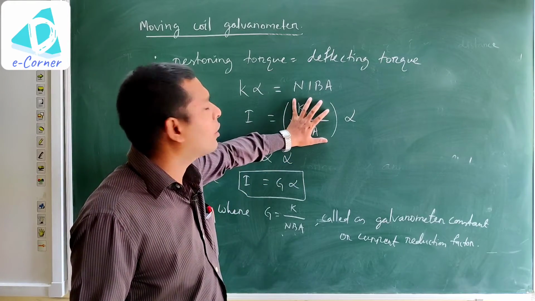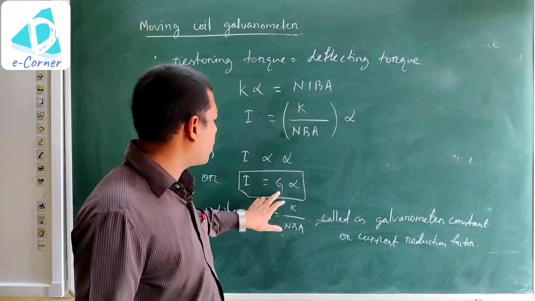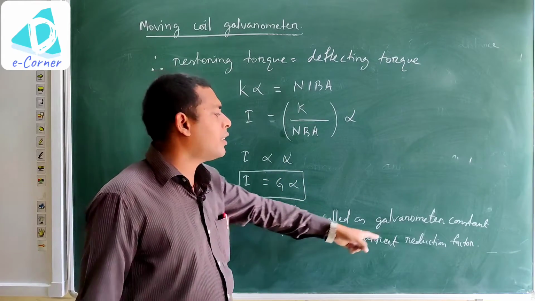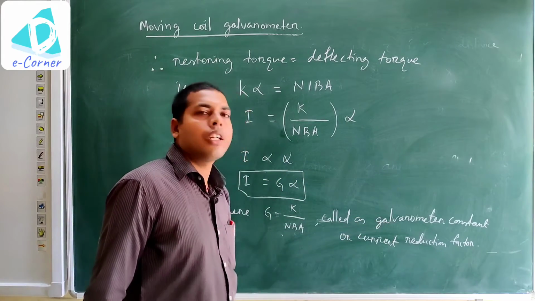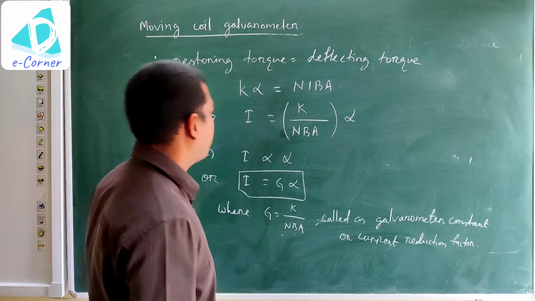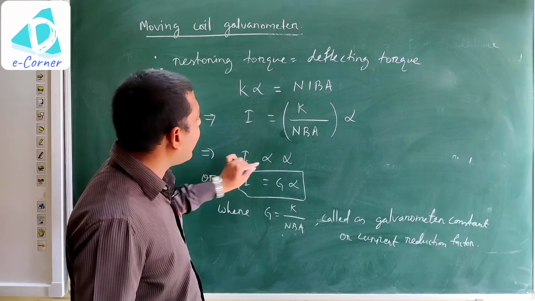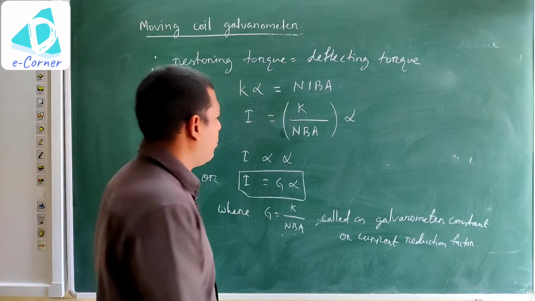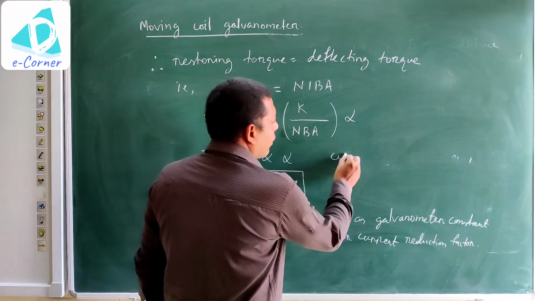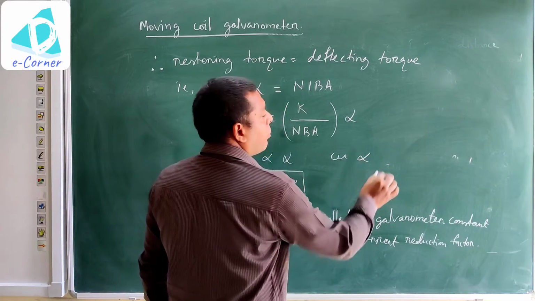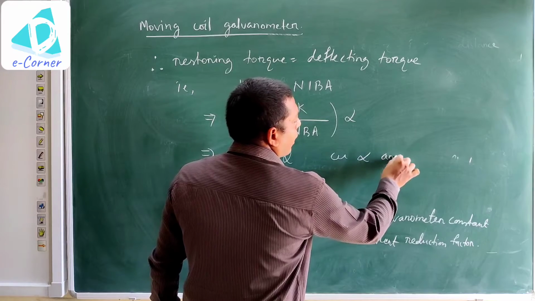So this can be considered as the constant, that is G, called as the galvanometer constant or current reduction factor. Okay, so here I is proportional to alpha, that means current is directly proportional to the angular deflection.